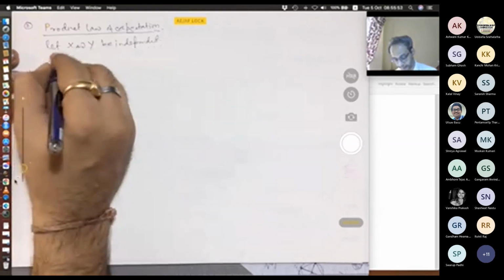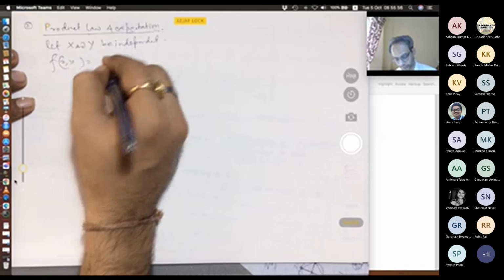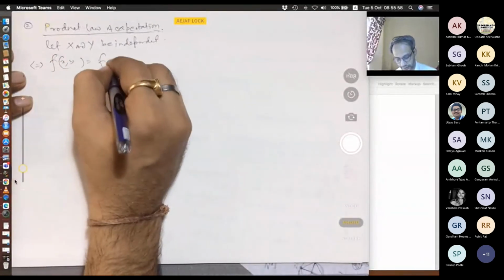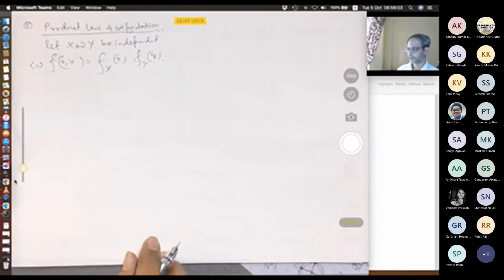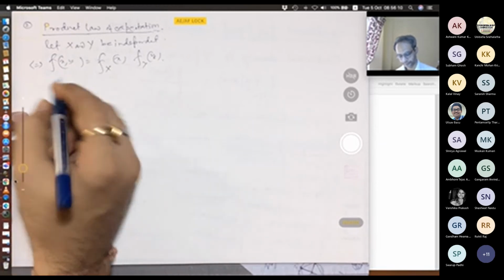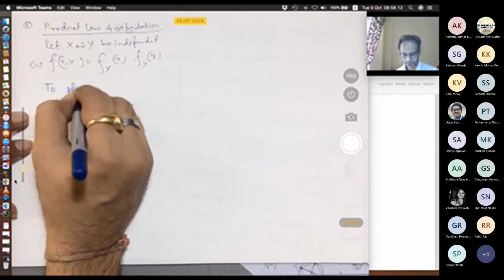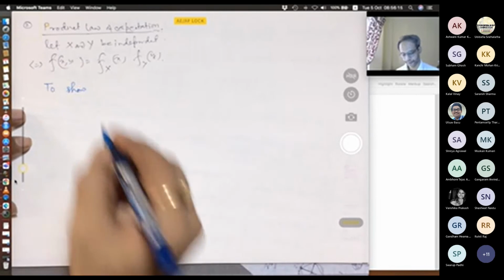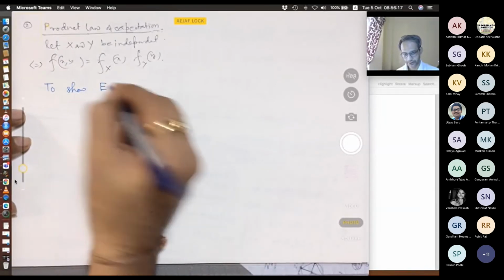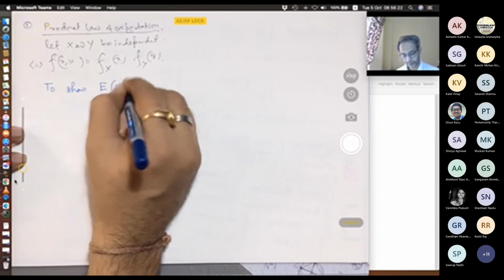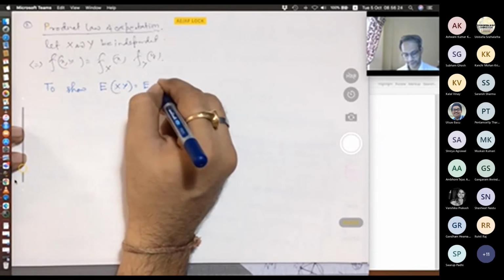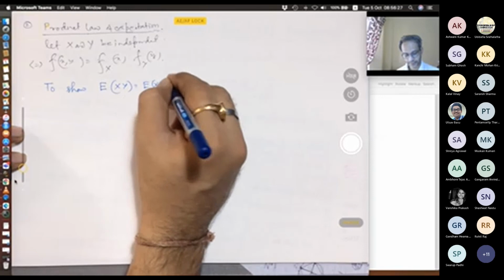That means f(x,y) equals f_X(x) into f_Y(y). Okay, this thing holds. Then what you need to do, you need to show that expectation of XY equals expectation of X times expectation of Y.